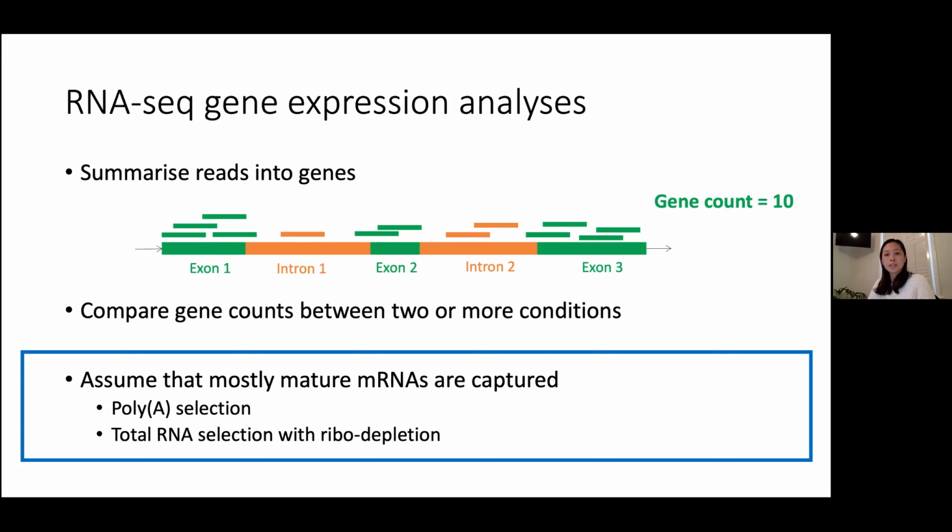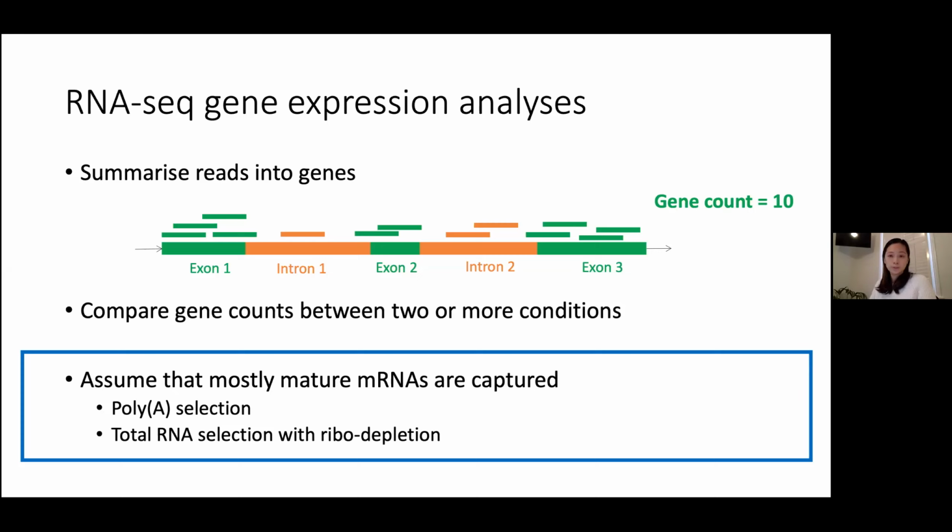I wanted to point out that typically only exon reads are actually considered, because the assumption is that what we get from the RNA-seq experiment are mostly mature mRNA transcripts, and they're the ones that are generally of interest. A mature mRNA transcript should have the intronic region spliced out, so everything in the orange bits, you don't really expect to see much of.